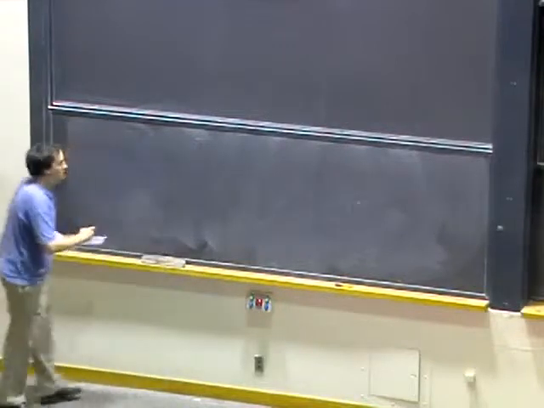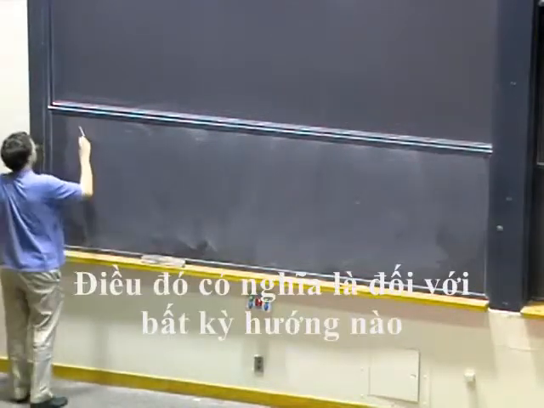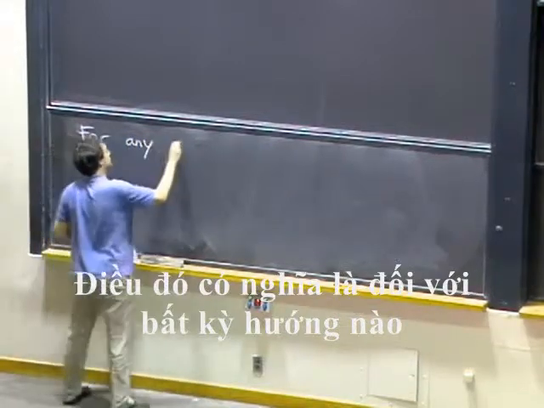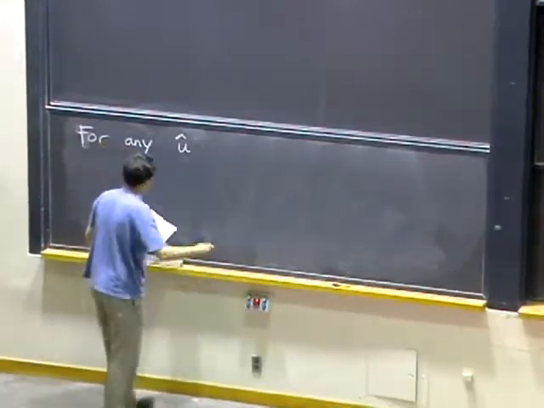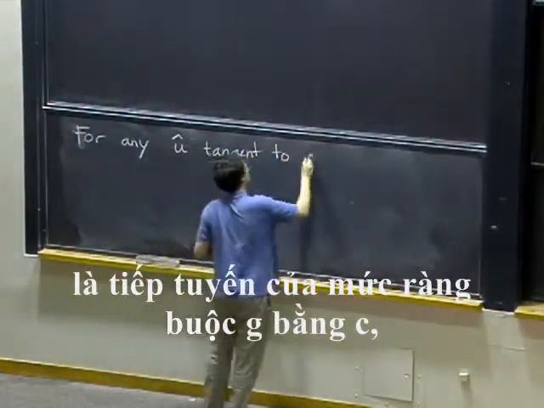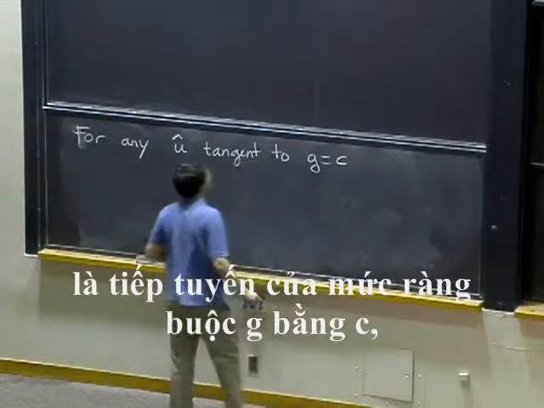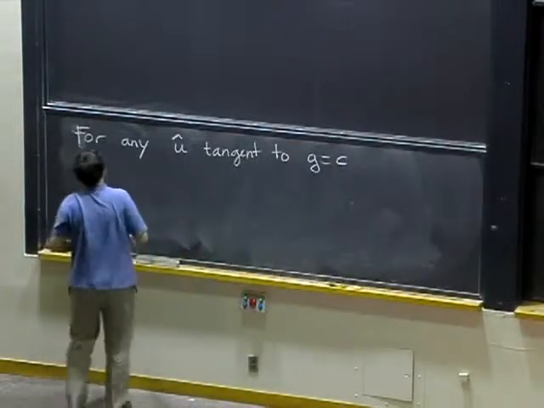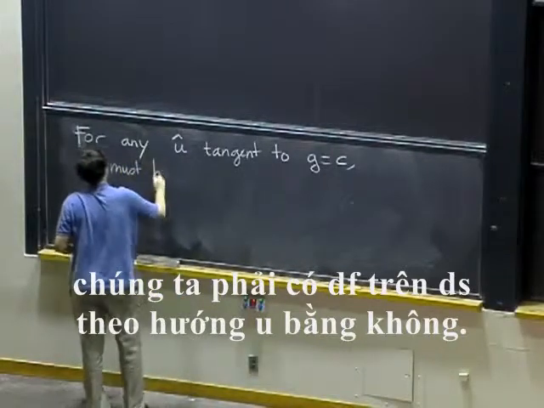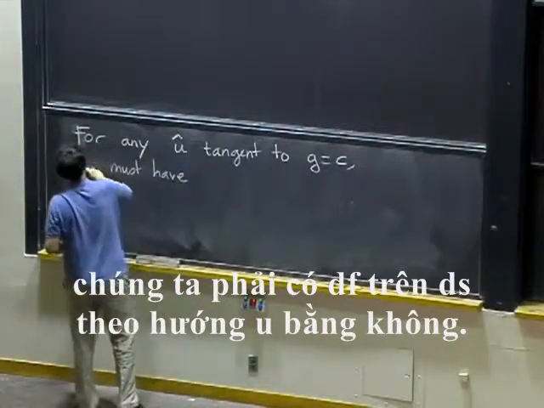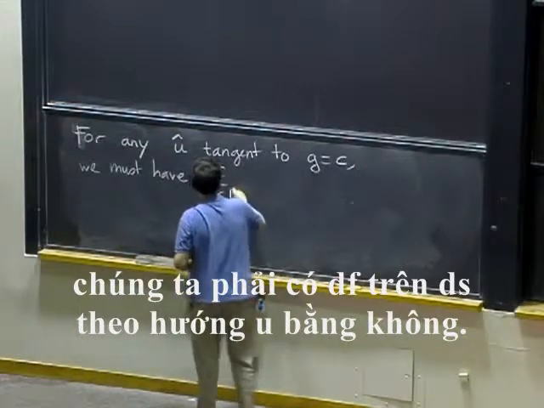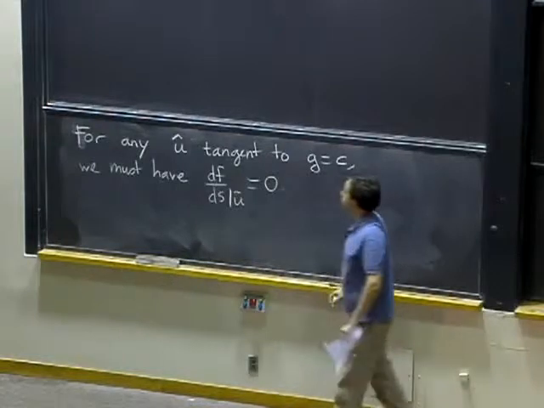For any direction that's tangent to the constraint level g equals c, we must have df/ds in the direction of u equals 0.